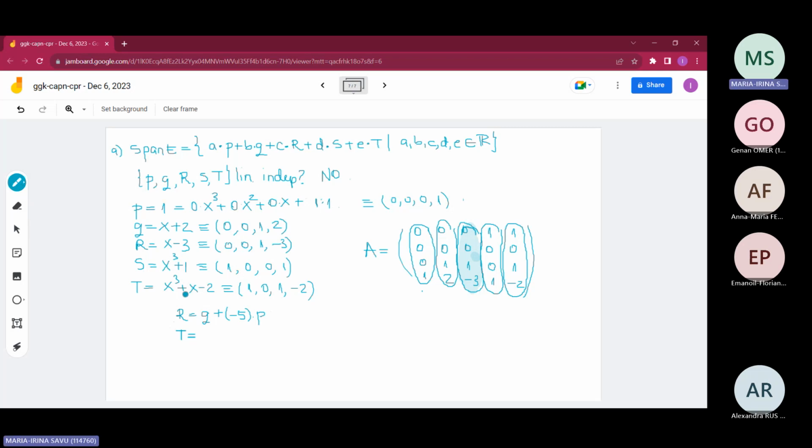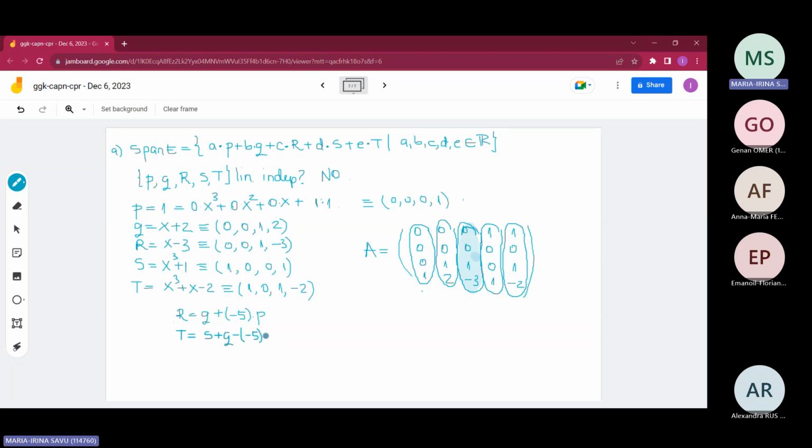Well, here T means S plus Q, correct? Yes. So if you add S and Q, you have x cubed plus x plus 3.